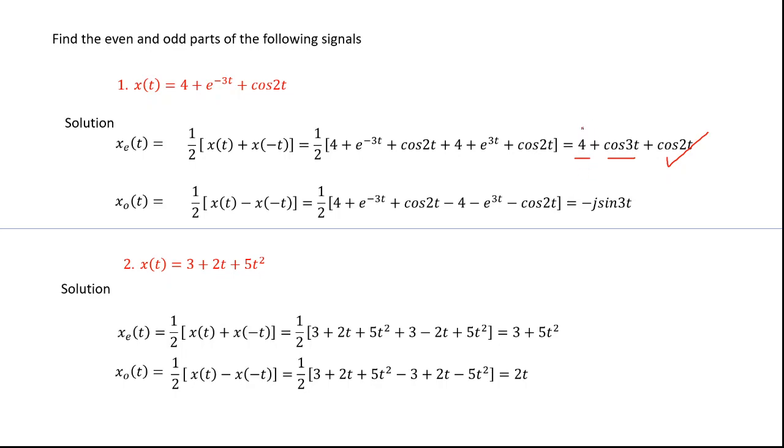The sum of two or more even signals is also an even signal. That is why its even part is an even signal. Similarly, the odd part of the signal is minus j times sine 3t, which is an odd signal.